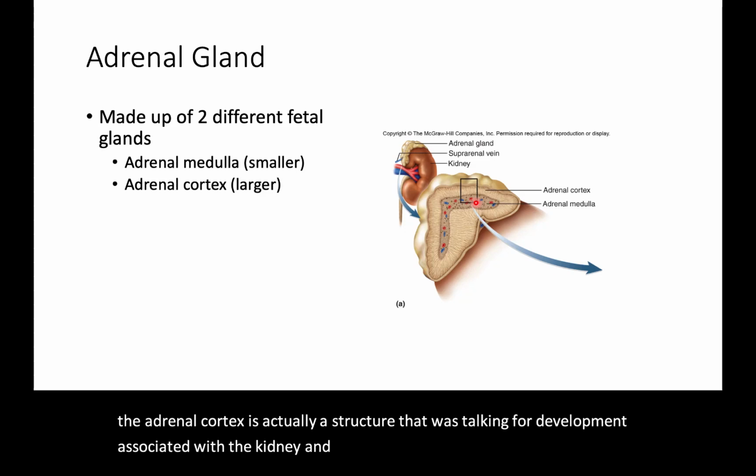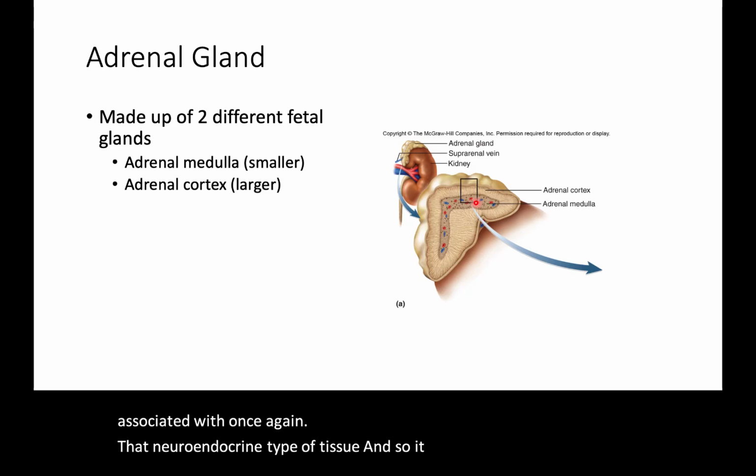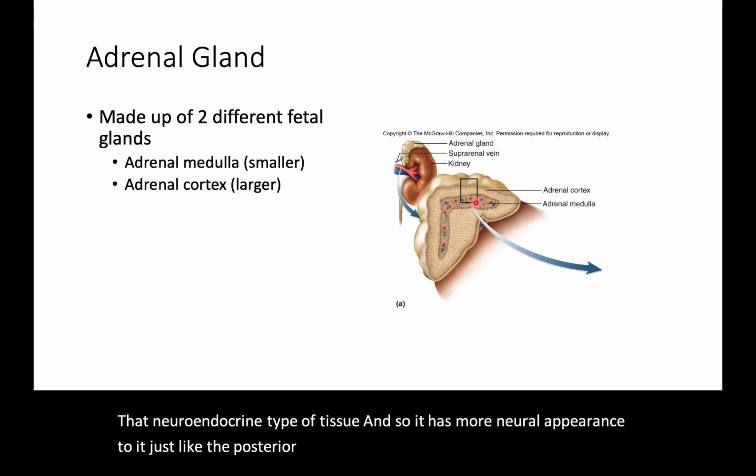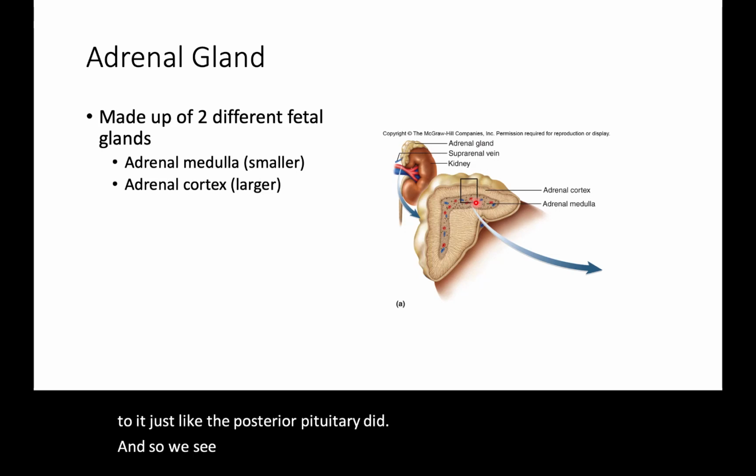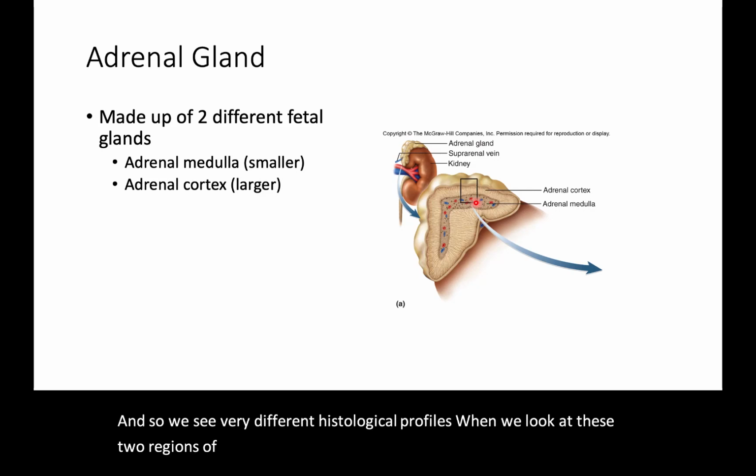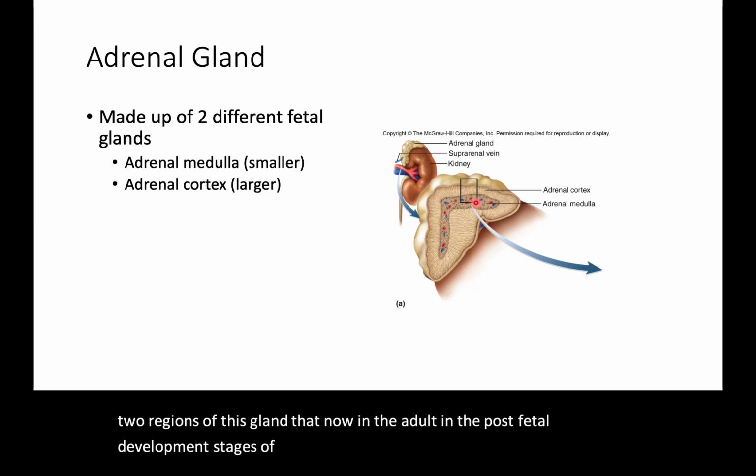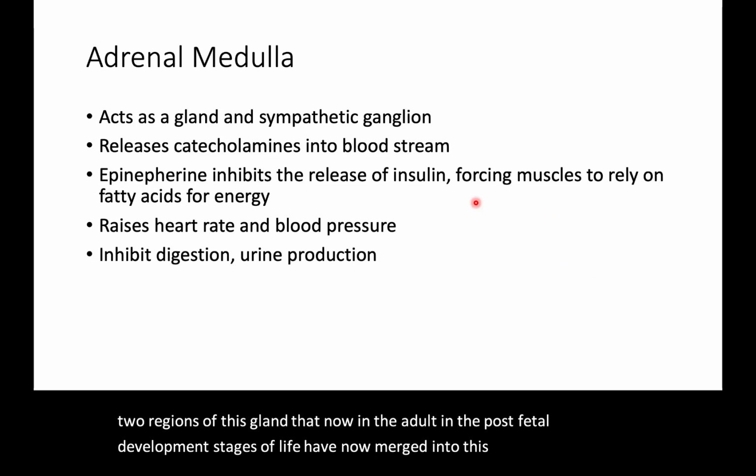The adrenal medulla is tissue that's associated with that neuroendocrine type of tissue, so it has a more neural appearance, just like the posterior pituitary did. And so we see very different histological profiles in these two regions of this gland, which in the adult have now merged into one individual gland.